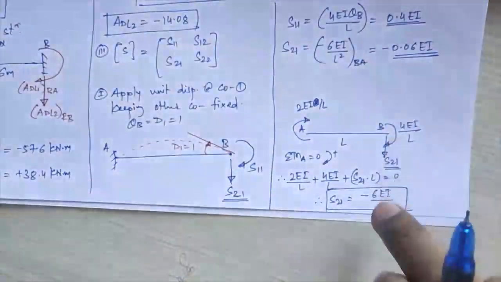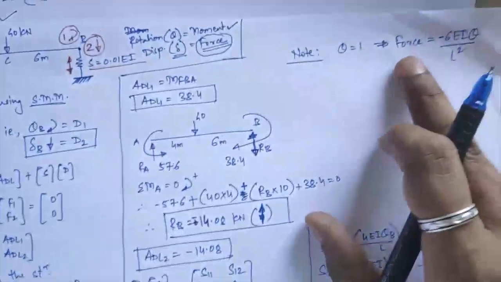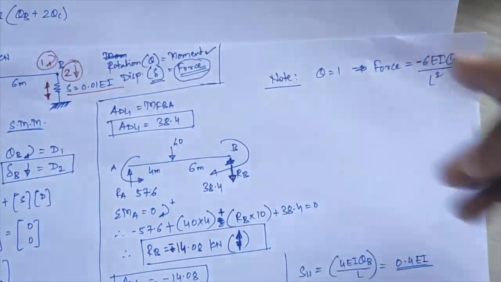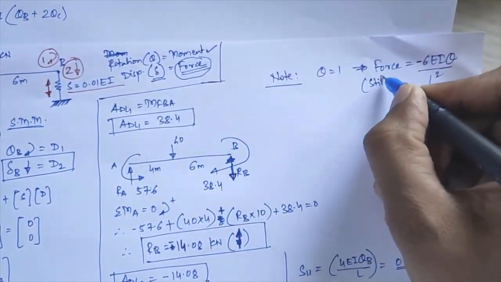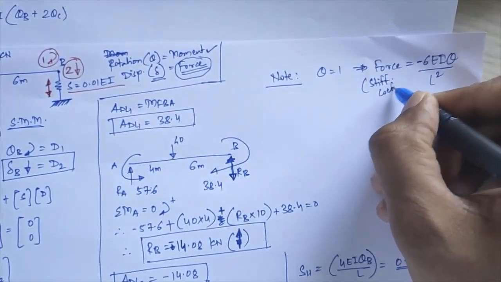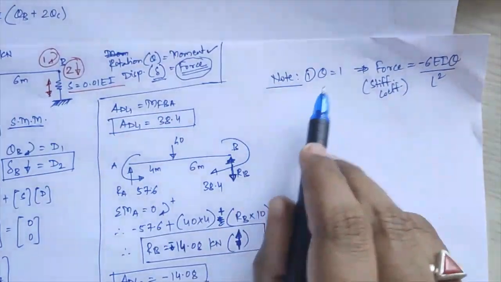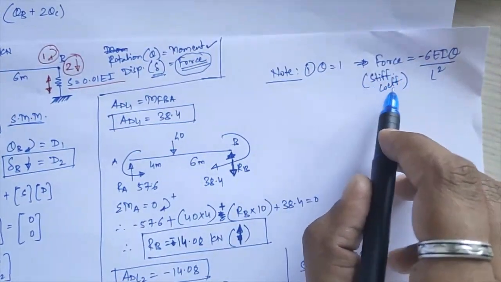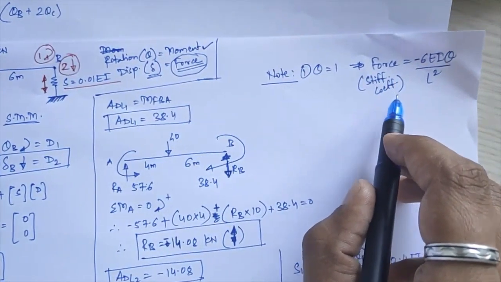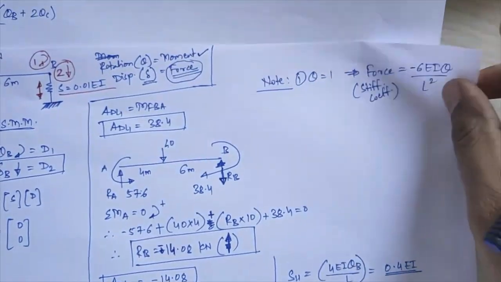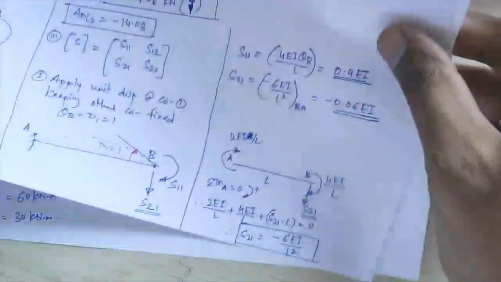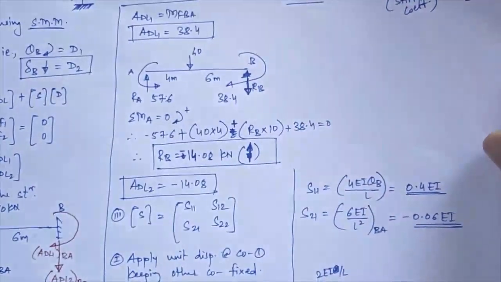Instead of force you can write stiffness coefficient also. So note this down as your note number 1: if theta is equal to 1 and you are calculating the stiffness coefficient for the force value, it will be equal to minus 6EI theta upon L square, whereas theta is equal to 1 there.